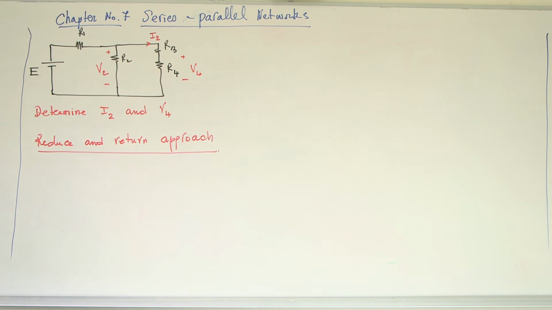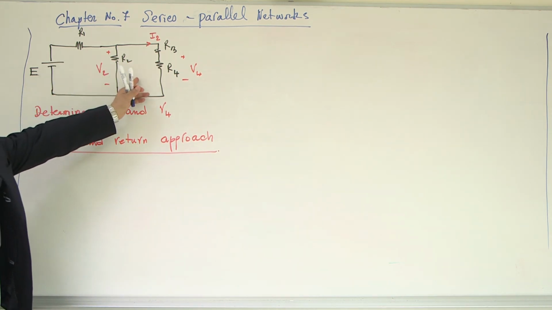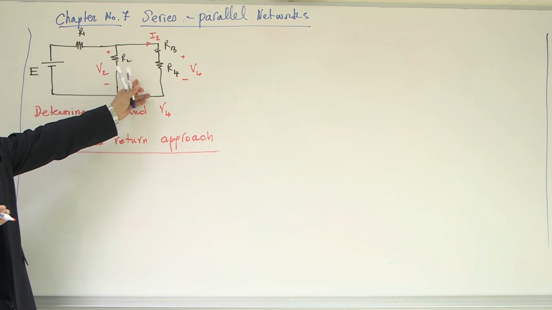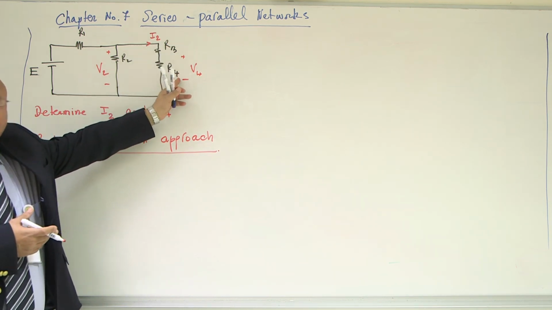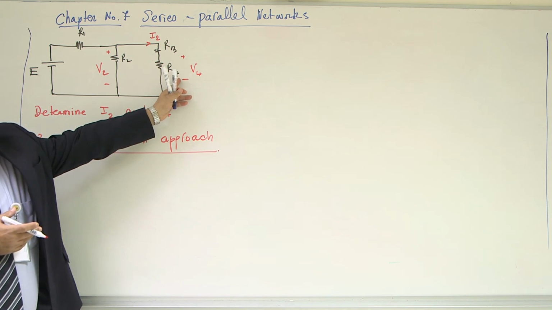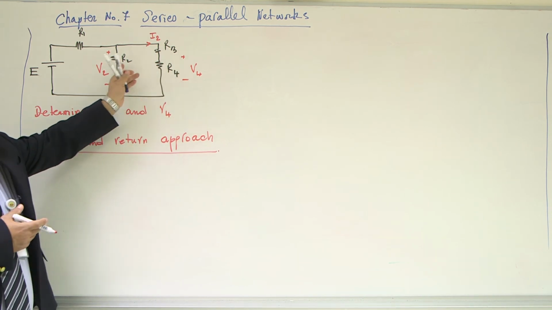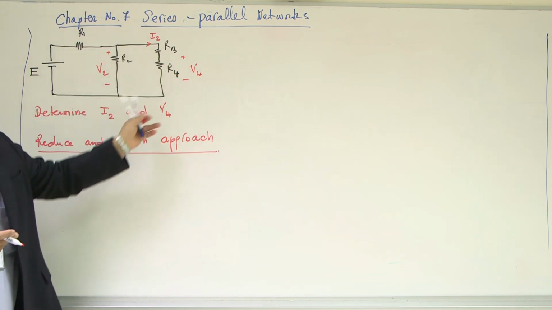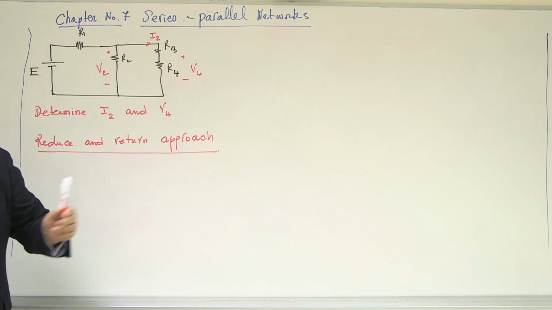What is this approach? We are going to reduce the circuit into a simpler one. We can combine R3 and R4 by applying the series connection rule. Then we apply the parallel connection rule, and then the series connection rule again to determine R total.